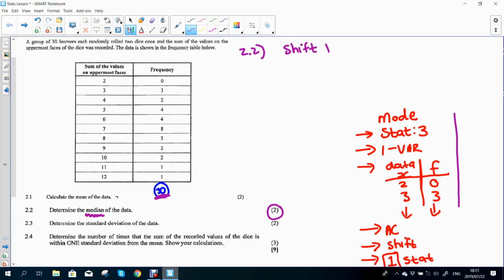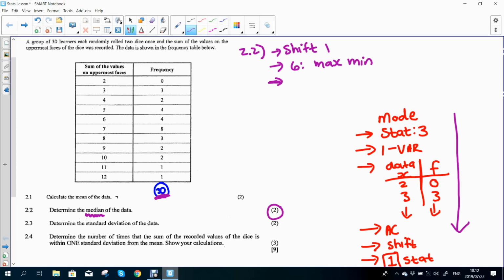You did all of these steps, and when you press the AC button, you will then press Shift 1. After Shift 1, the option that I want you to choose is the option that says Max Min. It's only the silver calculators that will have that option.